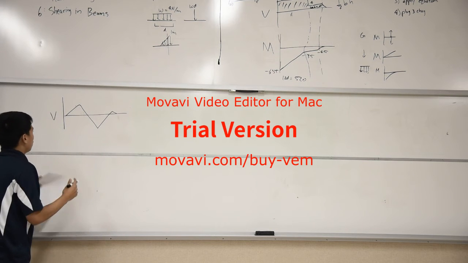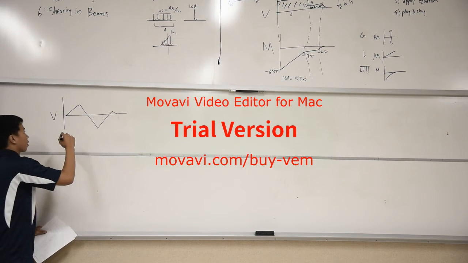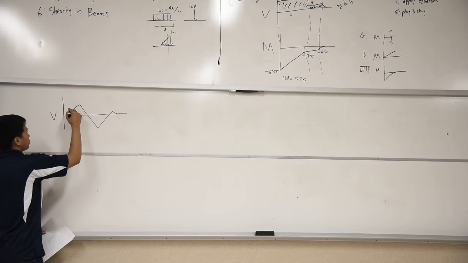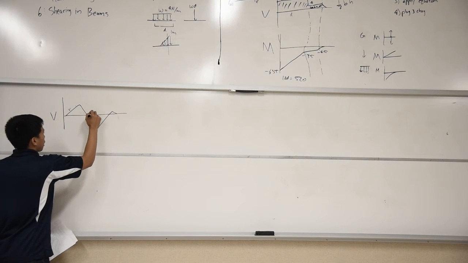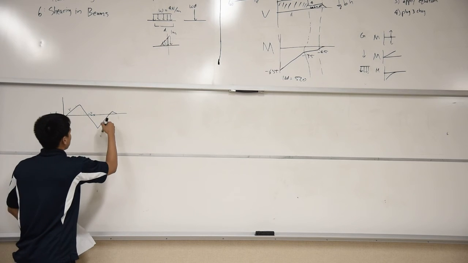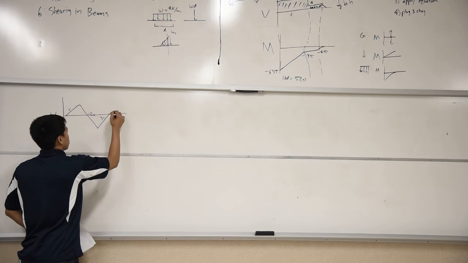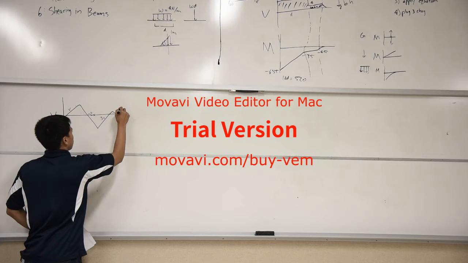Okay, let's say the slope of this is x, the slope of this is minus 2x, the slope of this is 3x, and the slope of this is minus 0.5x.